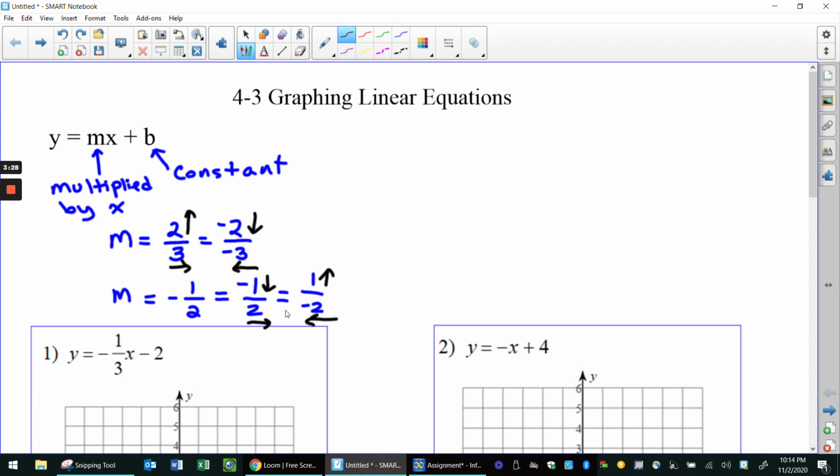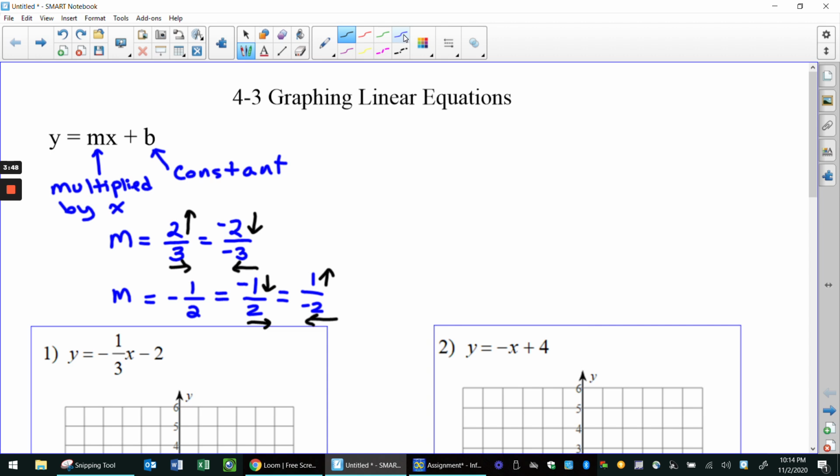So this is important when you're graphing, because you want to know how you're going to move and how your slope is going to need to move and plot your points correctly. So that's related to slope.